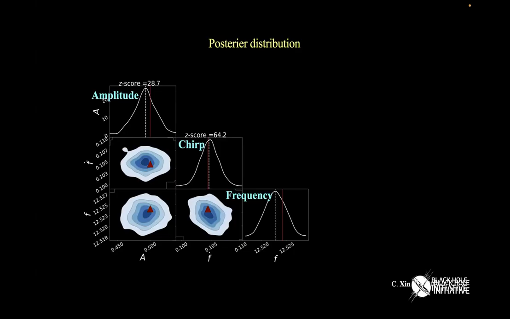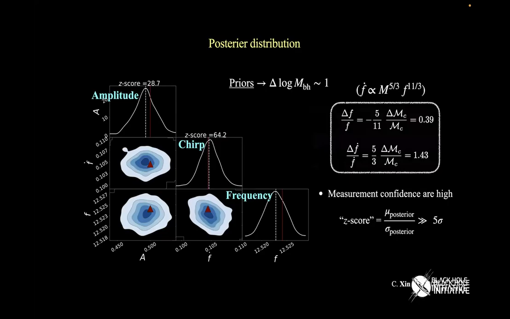I actually designed a pretty complicated Bayesian approach to do this task, and this is because the prior we get from the ENM observation is pretty wide. If you assume the uncertainty on mass on log scale is plus or minus 1, based on this chirp formulation, your frequency uncertainty is actually plus or minus 40%, and on F dot it will be plus or minus 143%.